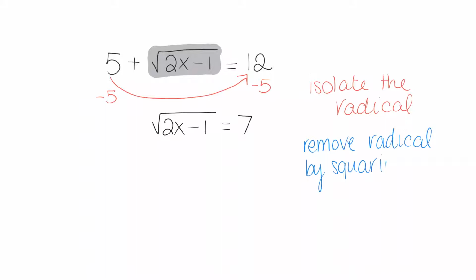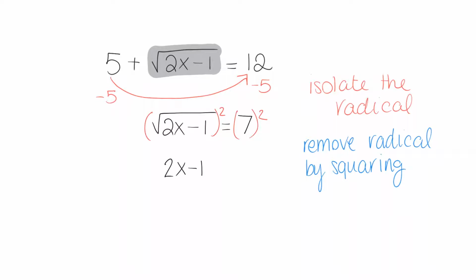Because what you do to one side, you have to do to the other. Remember, up here, we subtracted 5 from the left side of the equal sign and the right side. So if I'm going to square this, then I need to also square my 7. Whatever I do to the left, I have to do to the right. If I square the radical, all that's left is the inside, my 2x minus 1.